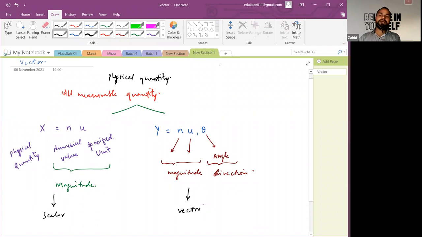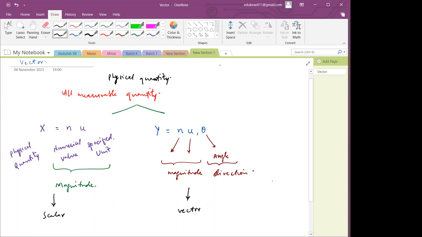Is it clear to this part? What do you mean by scalar and vector? Yes, sir. Okay, just write it down. Done, sir.